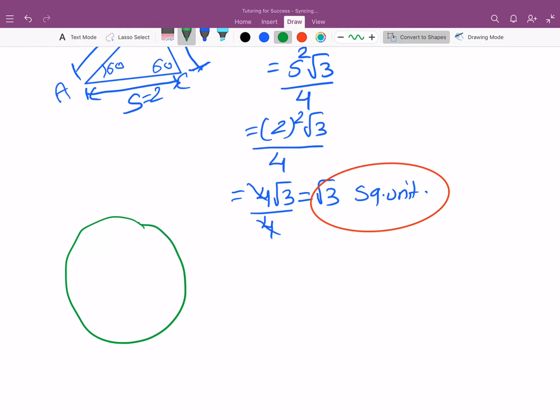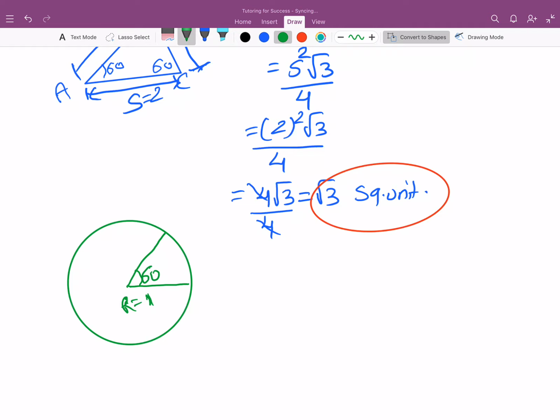So I have a circle with radius 1, and this is radius 1. Sorry about that, it's a length. And the angle is 60 degrees. A 360-degree circle will have an area of pi r squared.